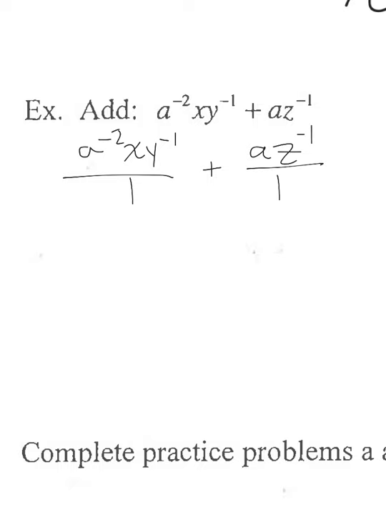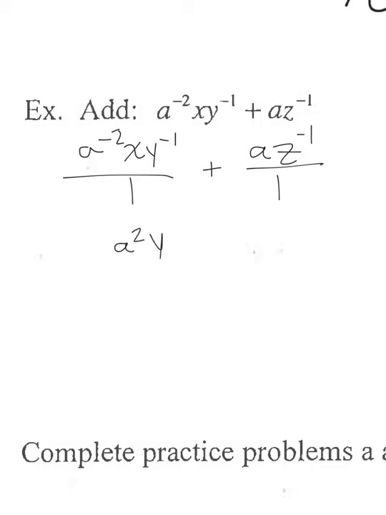Then I recognize that anytime I have a base raised to a negative exponent, that's equivalent to having that same base with the positive exponent in the denominator. So what happens is that I can put the a to the second in the denominator.